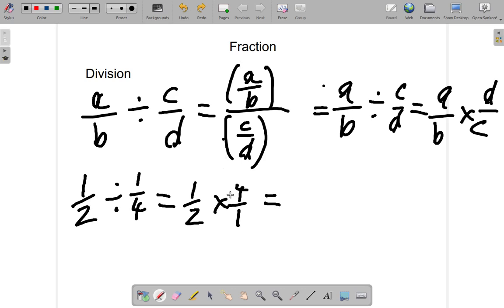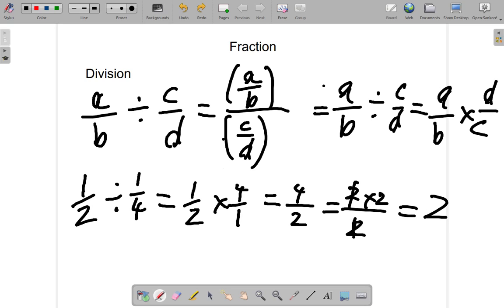So what you have is 1 times 4 up top over 2 times 1 down the bottom. 2 into 2 is 1, 2 into 4 is 2. In other words, 4 is 2 times 2 over 1 times 2, and that 2 cancels one of these, so the answer is 2. So you have a half divided by a quarter.